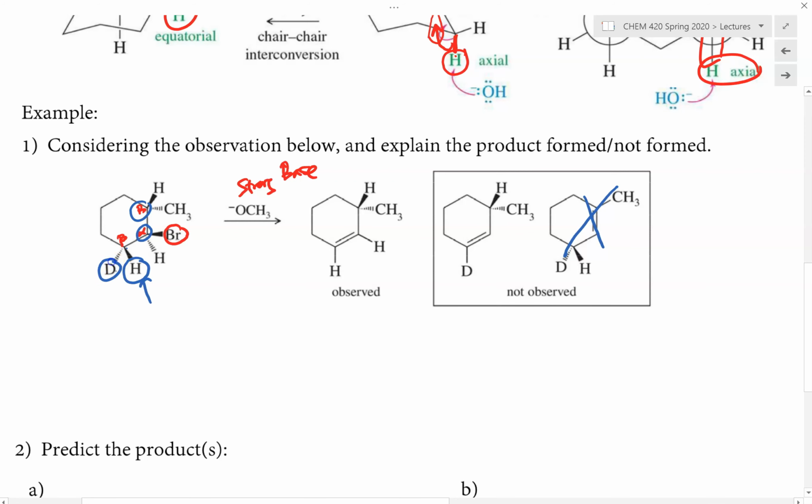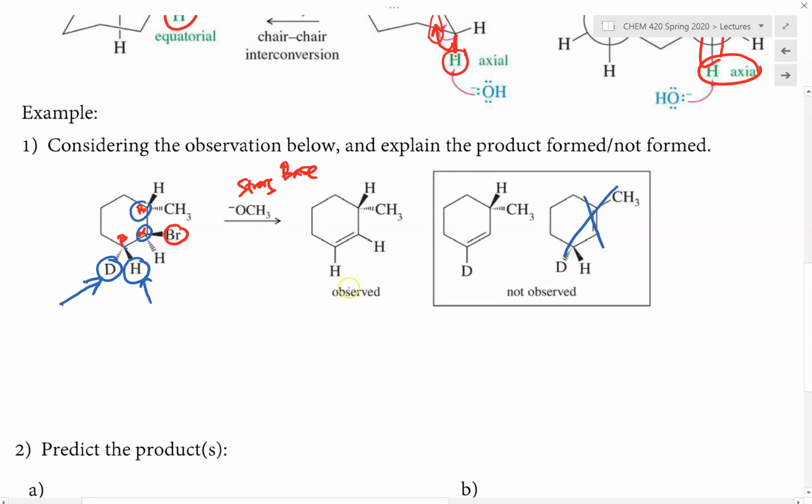But we observe the product as follows. The hydrogen, or actually not the hydrogen, but the deuterium, this D right here, is the heavier isotope of hydrogen. It's very similar to hydrogen, but a different isotope of hydrogen. So this is how we would label this. In this case, only this deuterium, again very similar to hydrogen, gets removed, and now we form the double bond between this beta carbon and this alpha carbon.